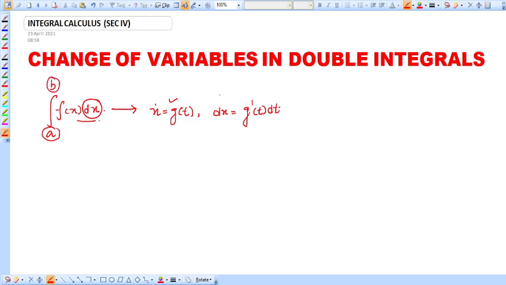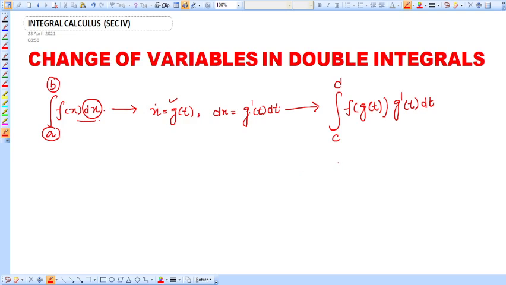So after changing all these things, you get this integral in this way. You will have the changed limits c to d, and in place of x you will write g(t), and in place of dx you will write g'(t) dt.